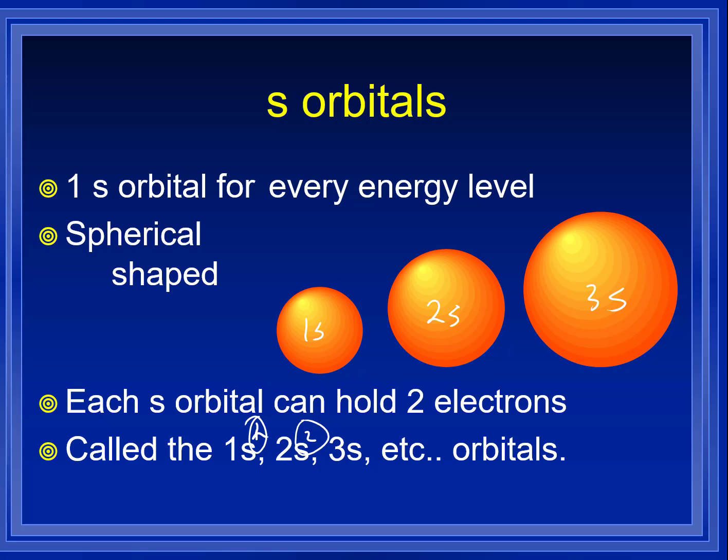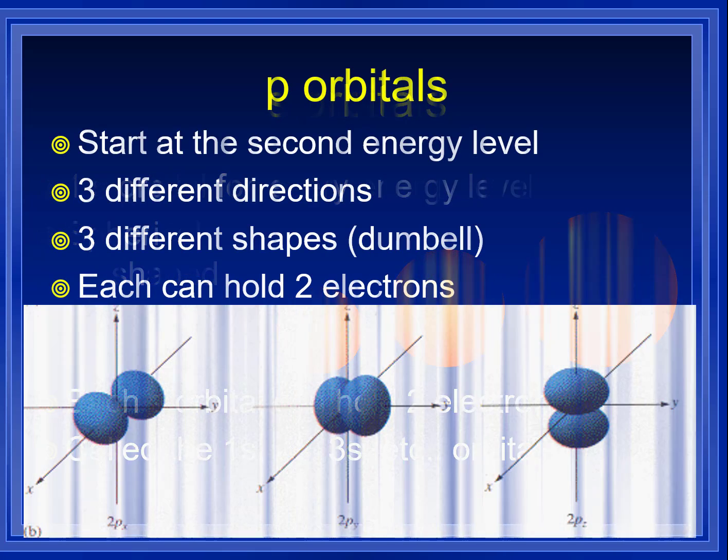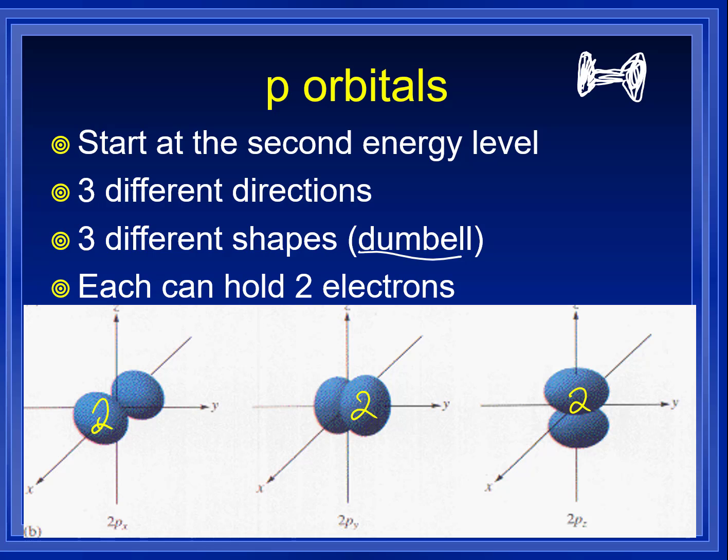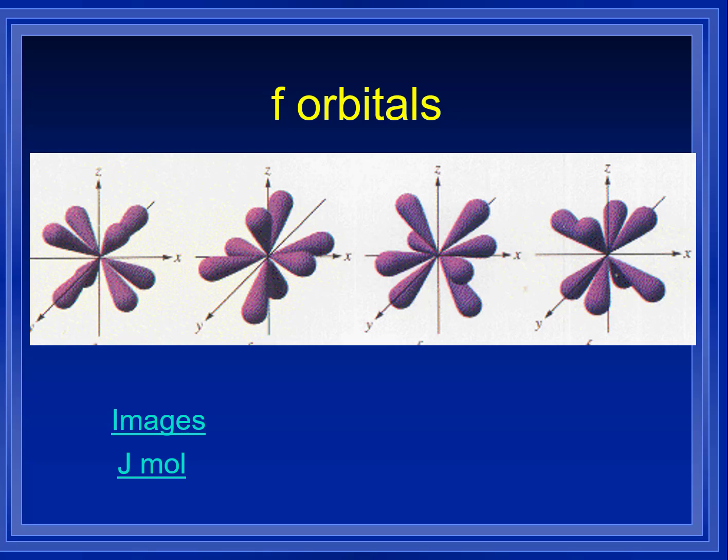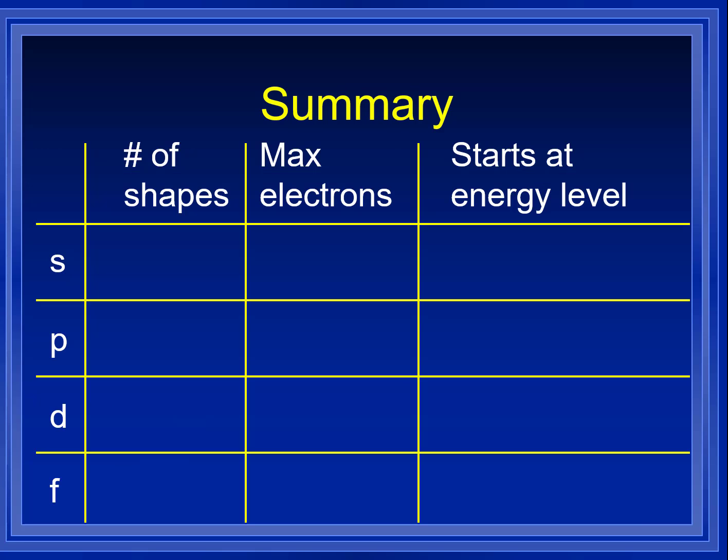When I went to p's, it split, now I got 2 lobes. Okay? And then when I went to d, most of them had 4 lobes. And then when you get to the f's, it's 8. You see how waves would do that? You cut them in half so you can make a whole wave. Right?